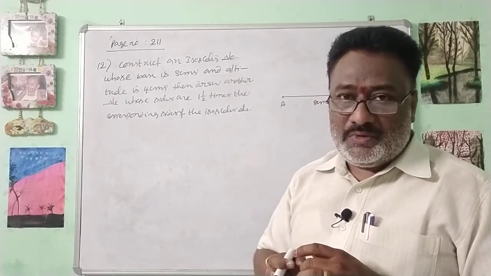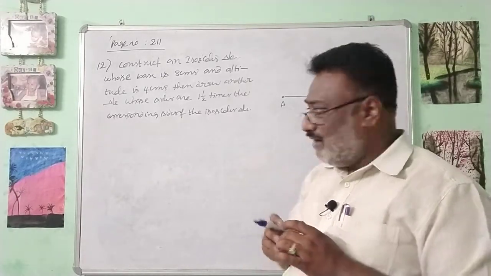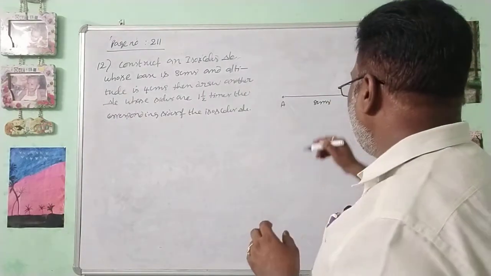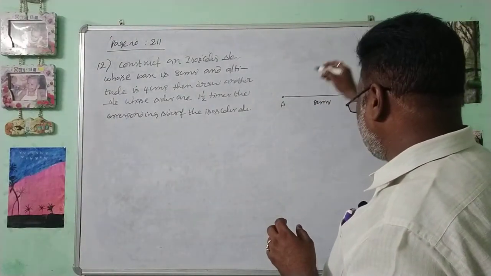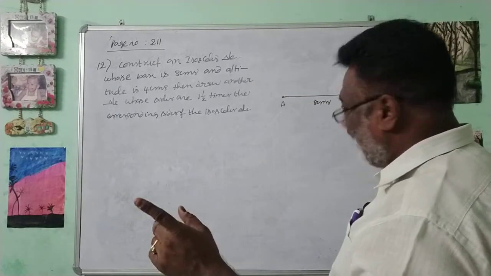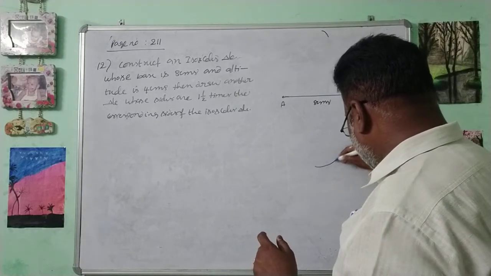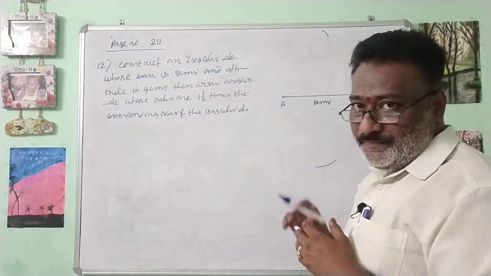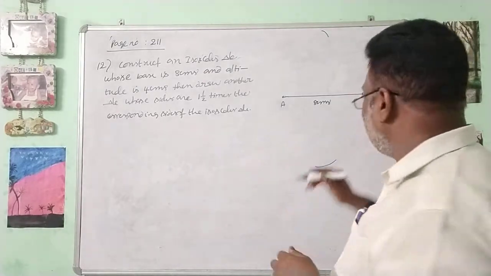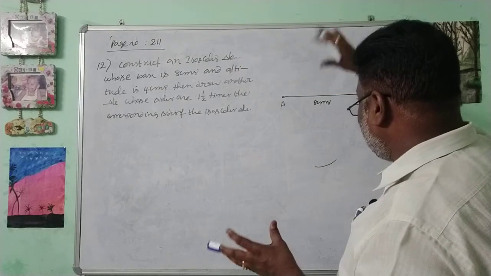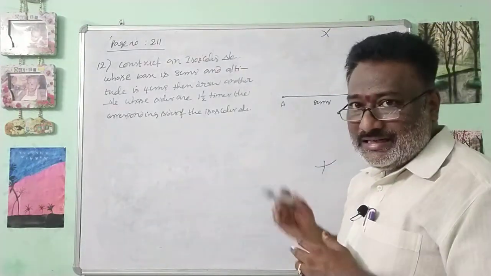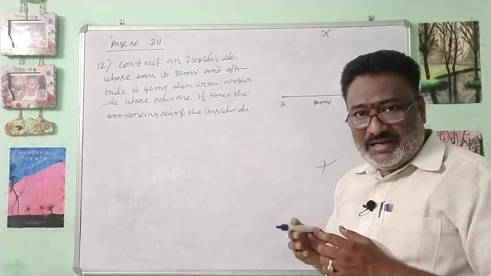But here you haven't been given the measurements of the two equal sides in this problem. So how is it possible to construct the triangle? First of all, we need to draw a perpendicular bisector for this line segment AB. With A as center, more than half of AB approximately, draw two arcs on either side of AB. That same thing you need to do by taking B as center, with that same radius, drawing two more arcs on either side of the line segment AB.